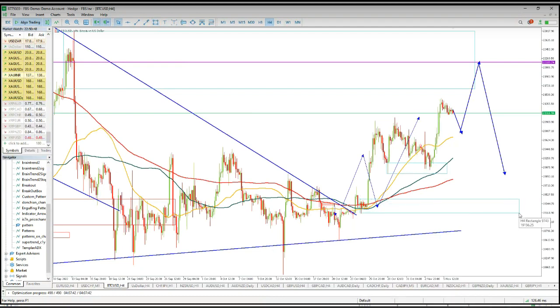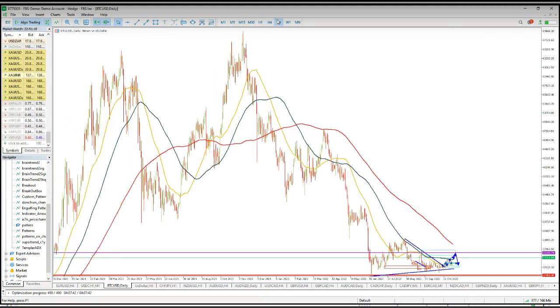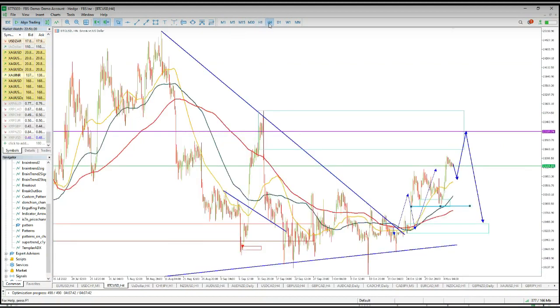So this is the other block that I'm looking at the moment. Once this equal lows gets taken out, once the liquidity from here gets trapped out, the next thing would be that price comes into this other block over here, and then we can resume the overall trend, which seems to be gradually turning bullish already.